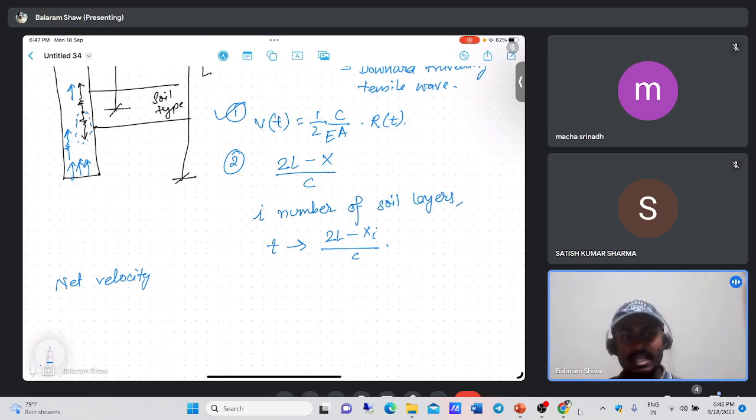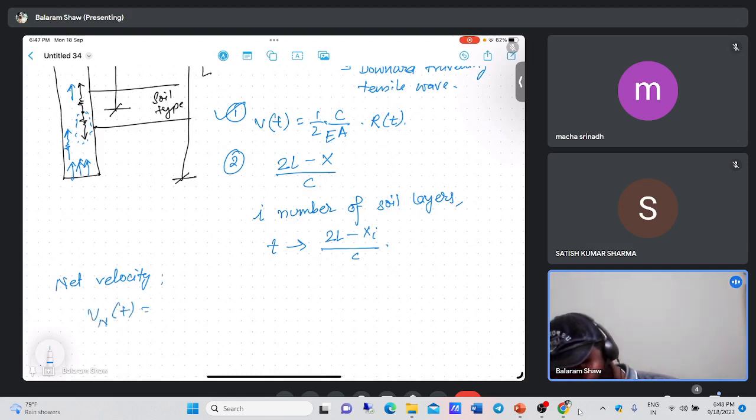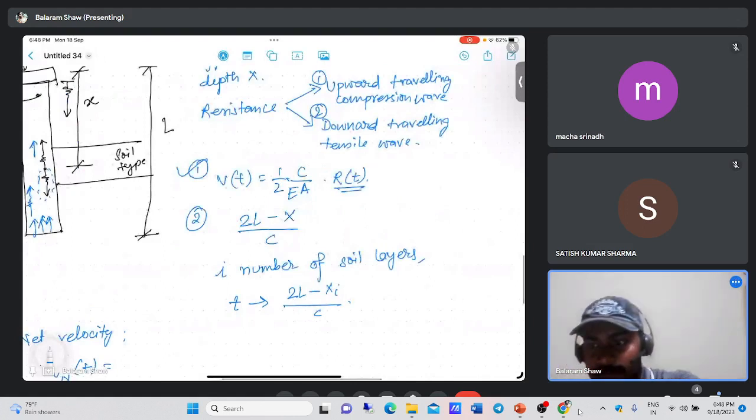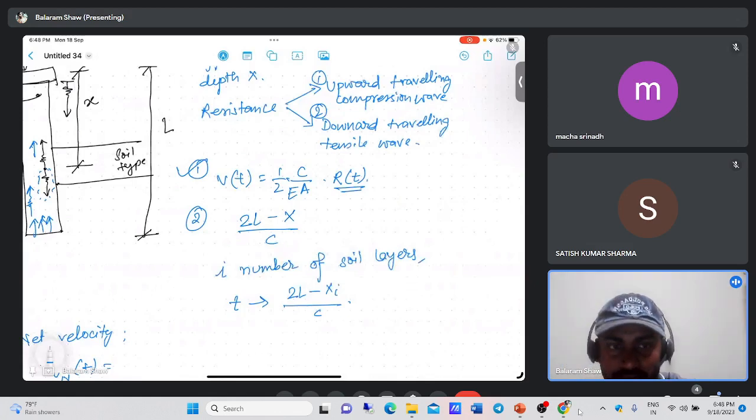So it is the net velocity that happens because of the upward and downward components, and it can be written as V net of t, equal to the upward component velocity plus the velocity component for the downward wave. For the first one, what is this RT? This RT is the change in particle velocity by the upward traveling wave from resistance.